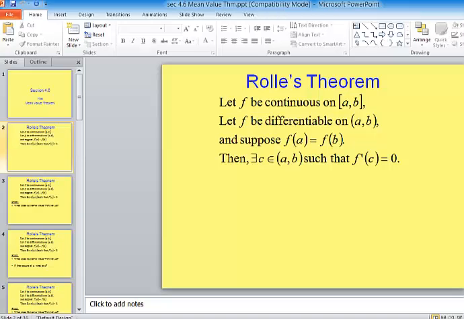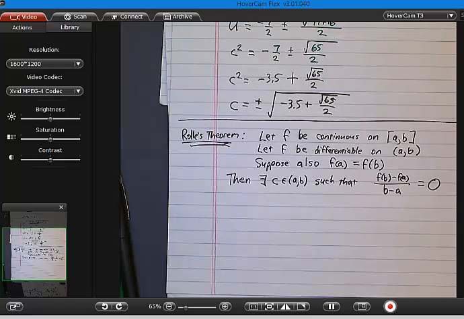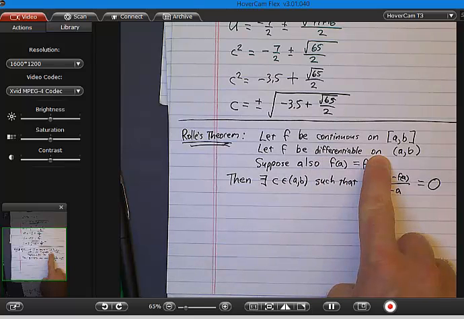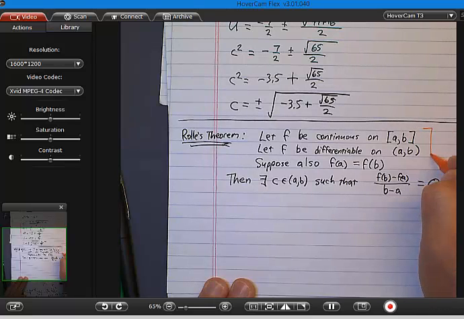So we want to talk about why Rolle's theorem is true and what it means. What I did is I always give myself some hints on the proof, kind of how it works. What does the extreme value theorem tell us? This is actually something I mentioned earlier in class today. When did we study the extreme value theorem? We studied it just last chapter after we covered differentiability. The way the extreme value theorem worked, you had these two hypotheses.